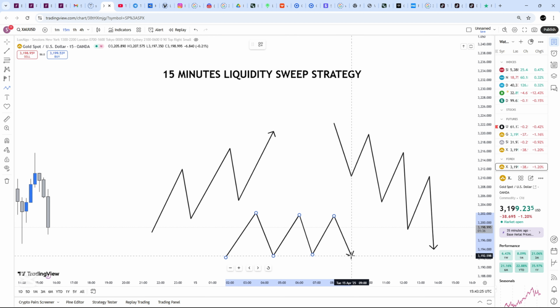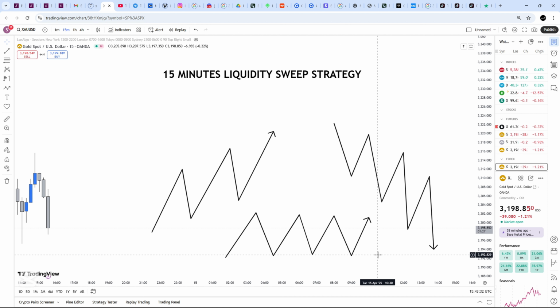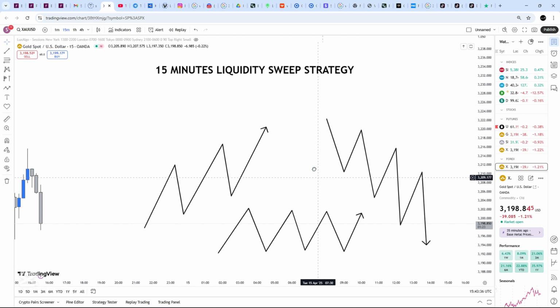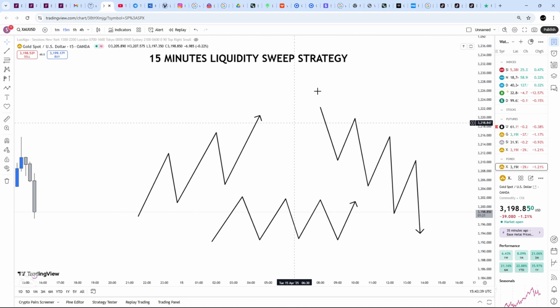It is not breaking higher highs, no lower lows, but most of the times it's just sweeping liquidity, internal liquidity, according to the leg where it formed from. So now what are we looking at? Firstly, we are having the uptrend, we're having the downtrend, and we're having the consolidating market. So where do we find liquidity really?